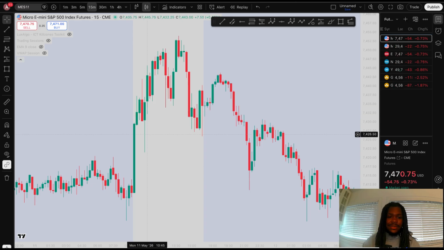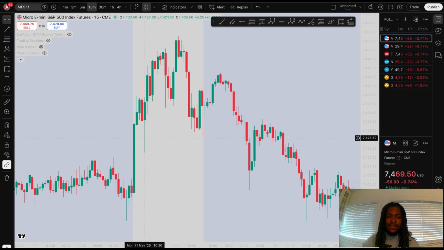The wicks give you an overview of where price could have gone, and then the body tells you the story, or what price actually did. So here at this big green wick, if you would have sold on how it looked when it was going down, you probably would have lost this trade.